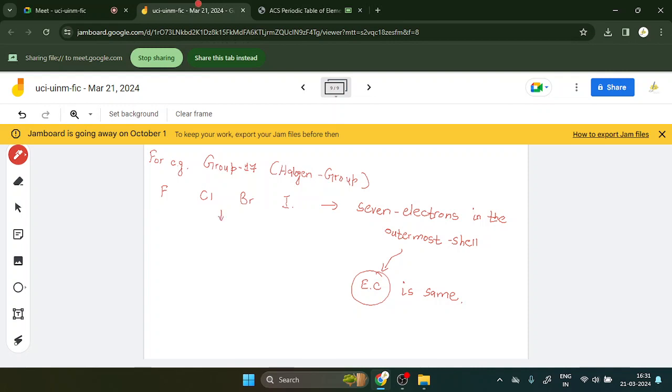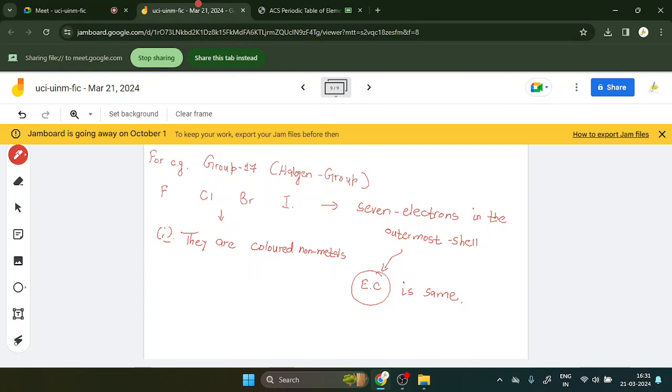Number 1, they are non-metals, colored non-metals. That is the first property. We know very well, because they have 7 electrons in the outermost shell, that they are non-metals.